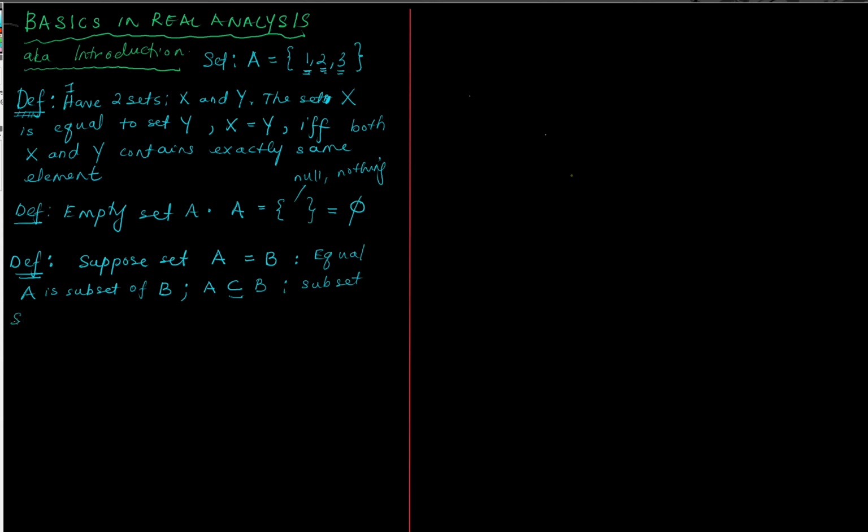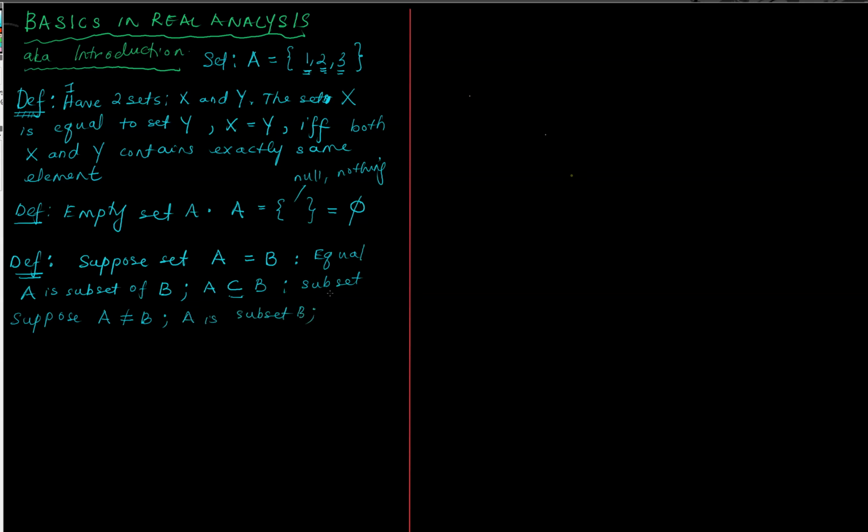But suppose you have every element in A in B, but not everything in B is in A. Here we will say that A is a subset of B as well.